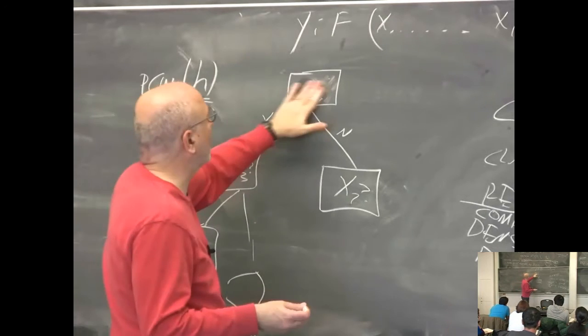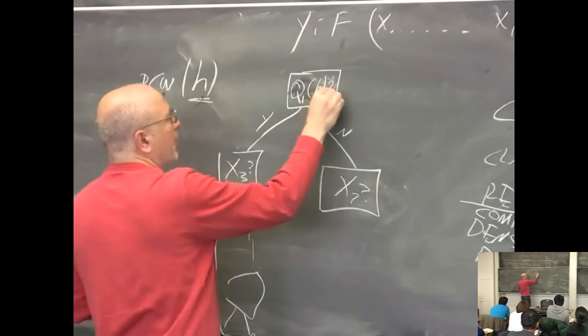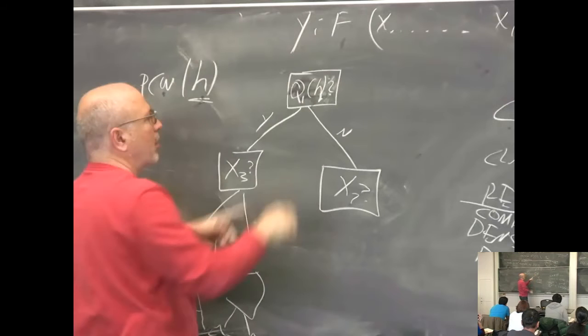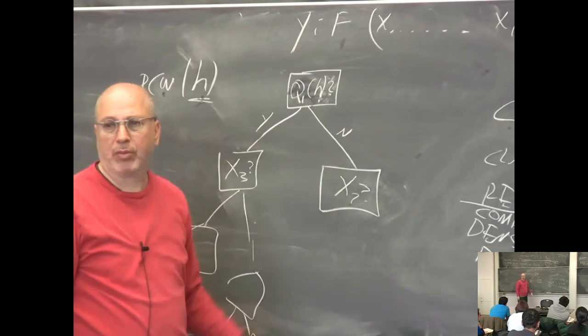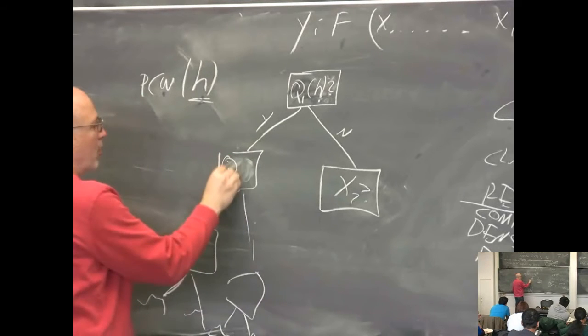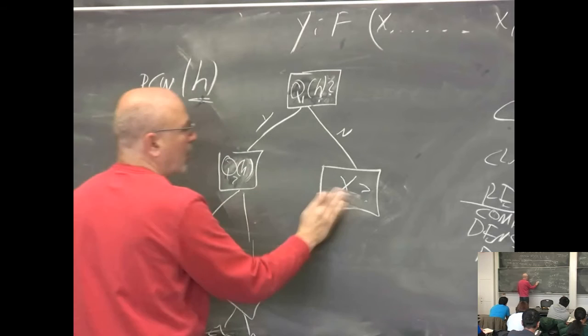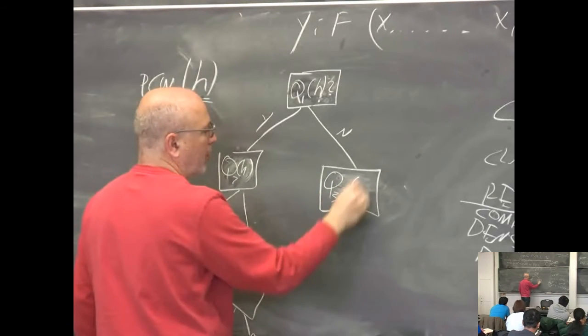So we can call this Q1 as a function of history. The important thing is that the question takes as input the history and produces as output yes or no. And this would be a different Q, Q7, with regard to history, Q35, with regard to history, and so forth.